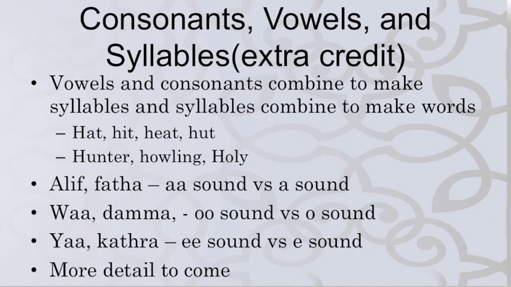So the wa is the long oo, and the dhamma is the short oo. Long versus short. Just remember that.